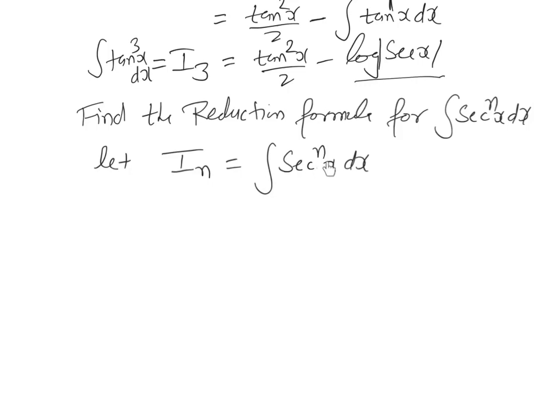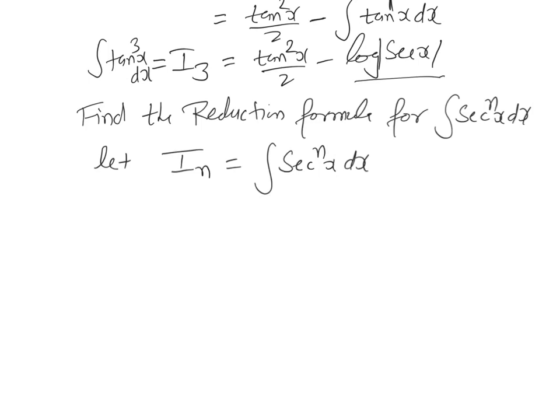In future, if there will be two different indices, we will be writing n comma m in the subscript notation. For the time being we are having only n as the variable that could be changed, so we have written subscript n only.